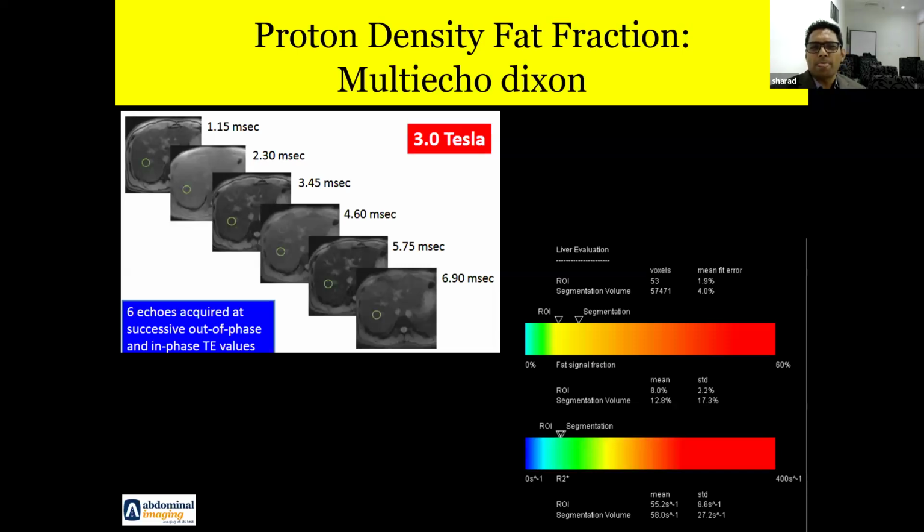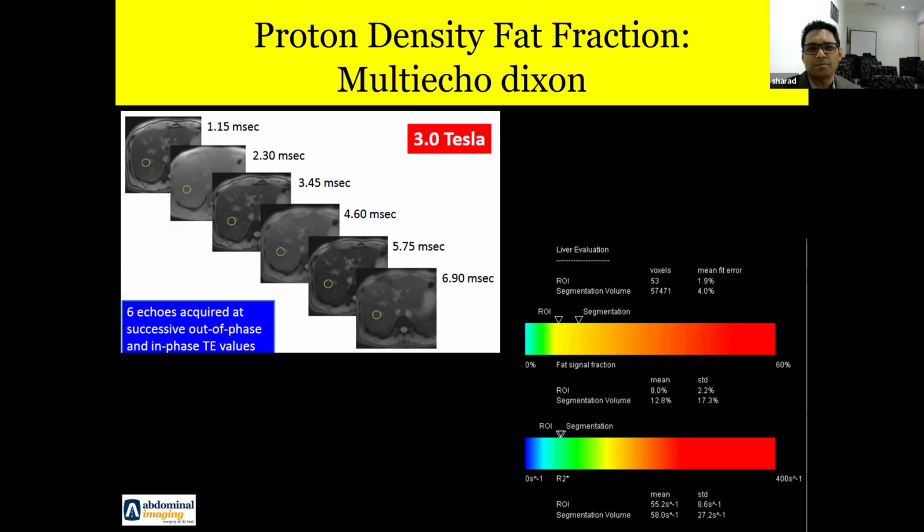So it is the same Dixon sequence, but then it had only two echoes, in phase and out of phase. But this one is a multi-echo Dixon, which uses six different time echoes. Now the vendors have made it easy.